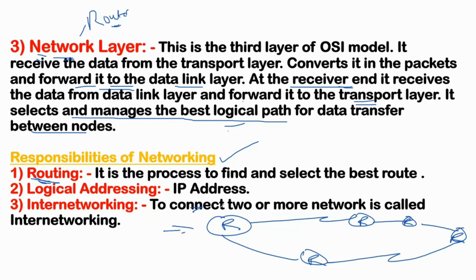In this router topology, the router is used to select the best path. Suppose this is router 1, router 2, router 3, router 4, and router 5. You want to send the data from router 1 to router 4.